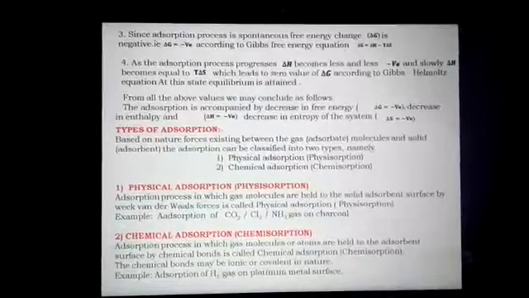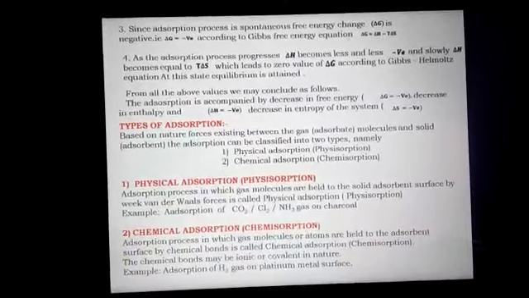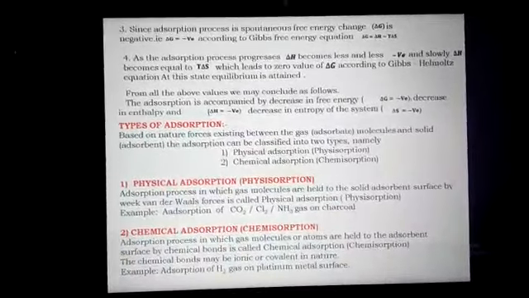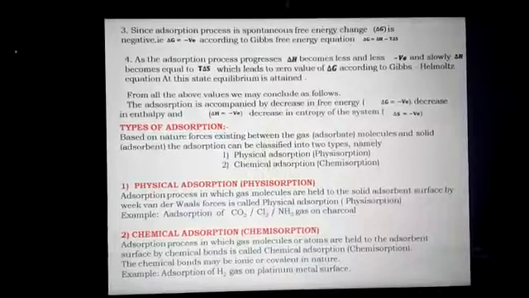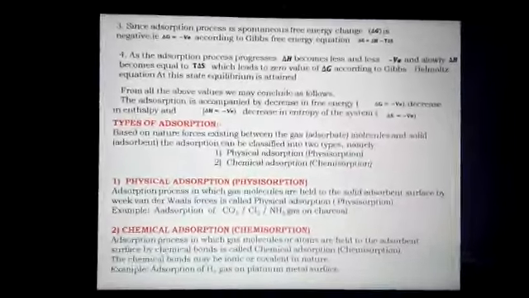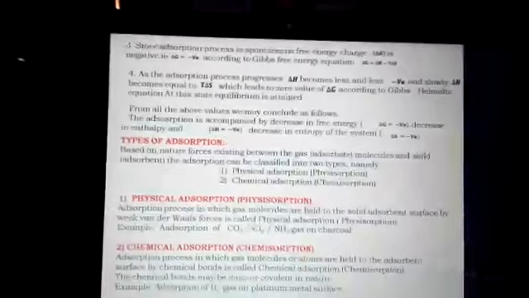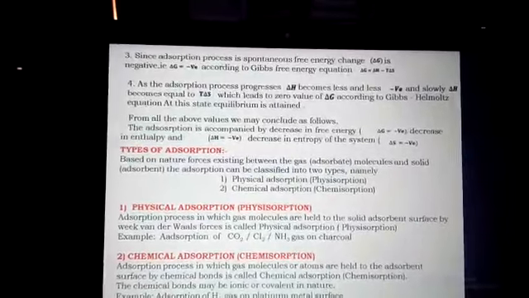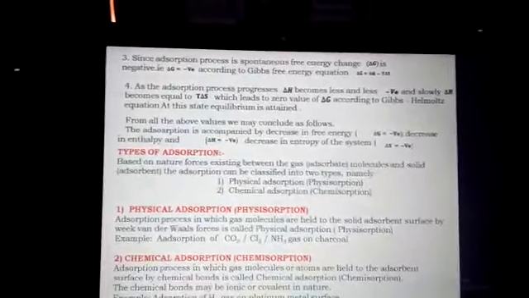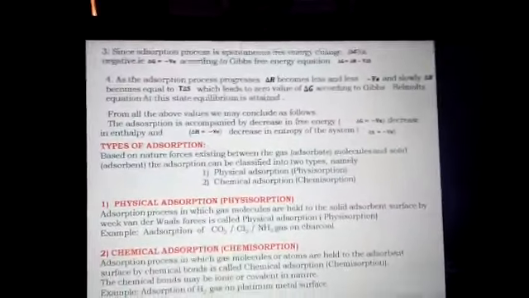Next is chemical adsorption or chemisorption. The adsorption process in which gas molecules or atoms are held together by a chemical bond is called chemical adsorption. The molecular species accumulate on the surface of the adsorbent, and the bond between the adsorbate and adsorbent molecules is a covalent bond in chemical adsorption.